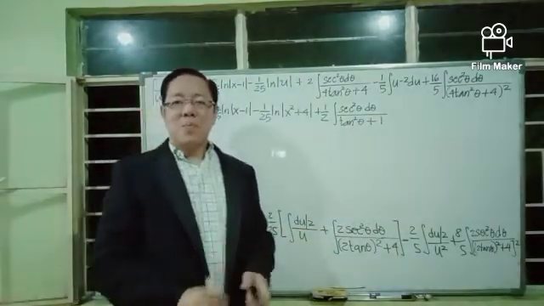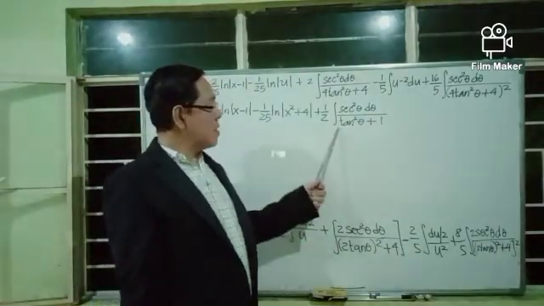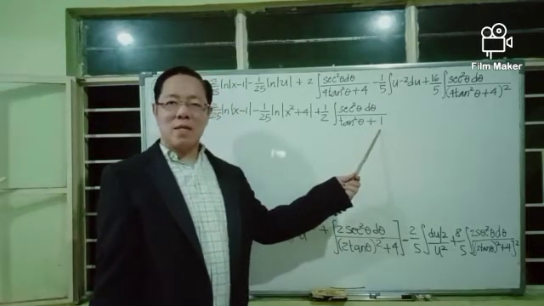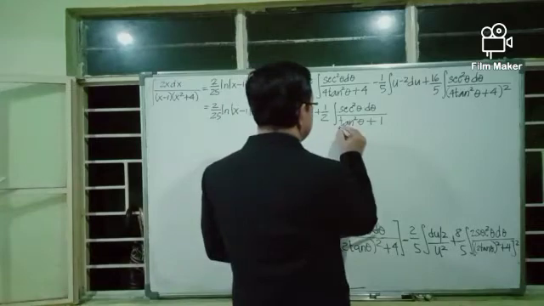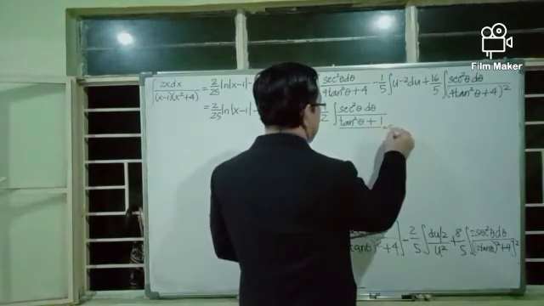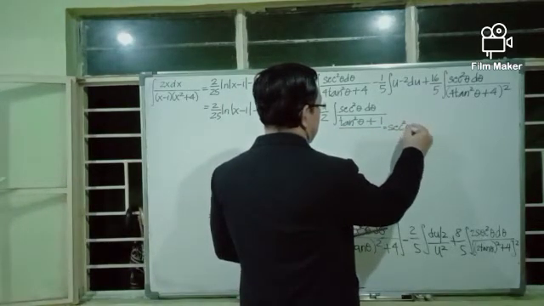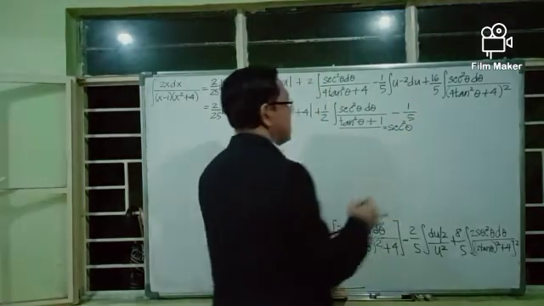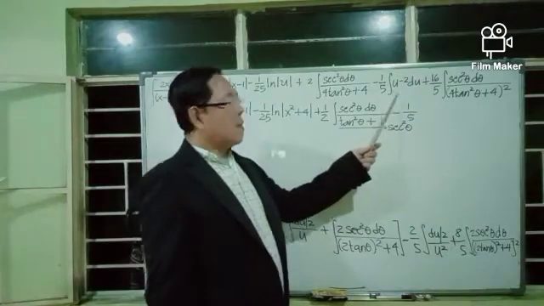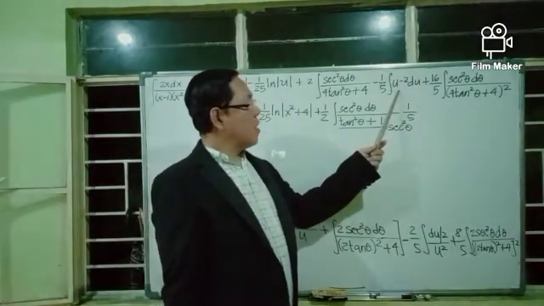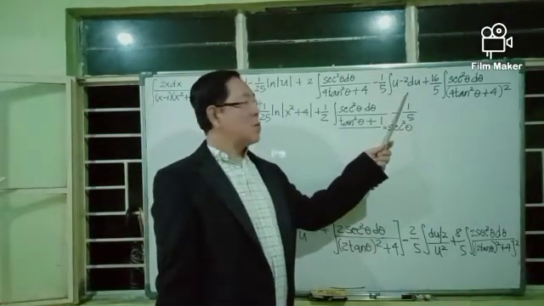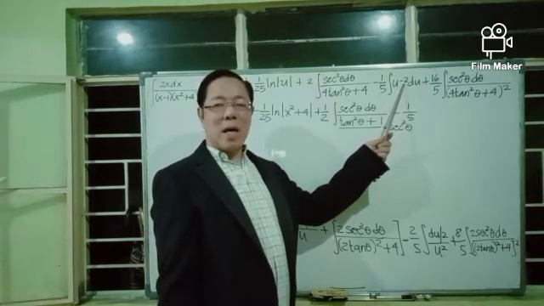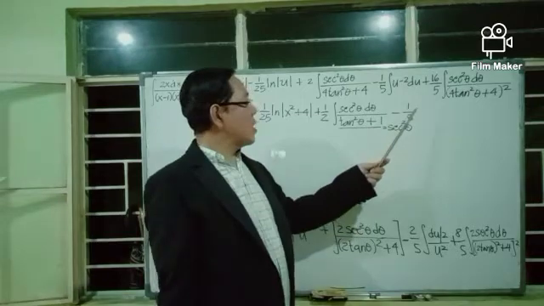And the Pythagorean identity says that the square of tangent theta plus 1 is equal to secant squared theta. And by the power rule, the integral of u to the minus 2 with respect to u, you add 1 to minus 2, you get u to the minus 1 and divide by minus 1.